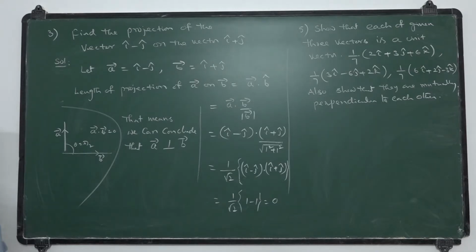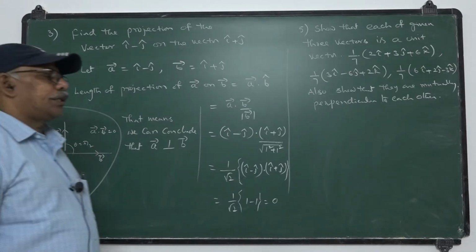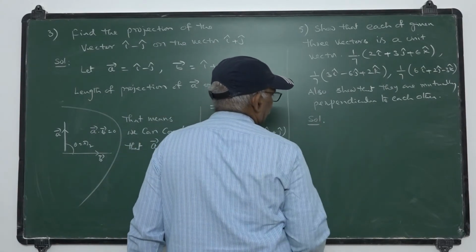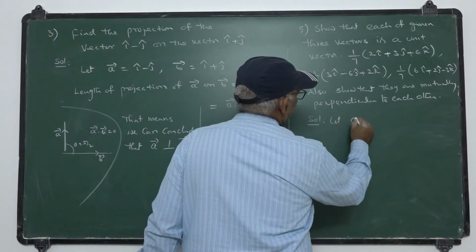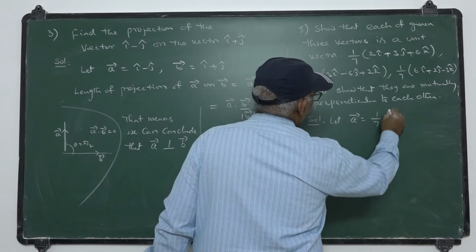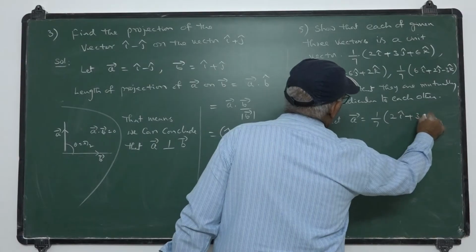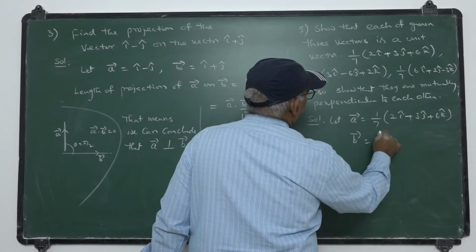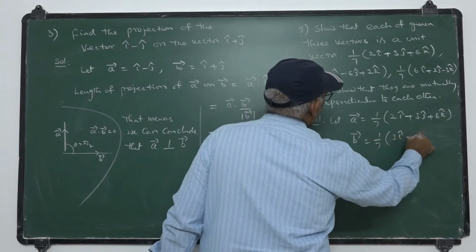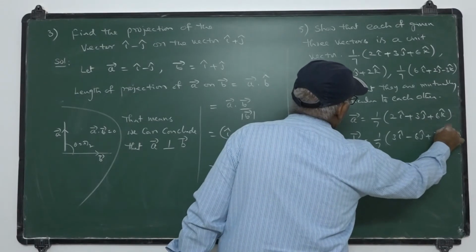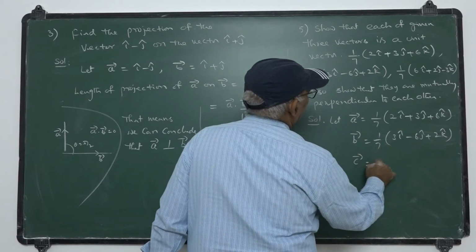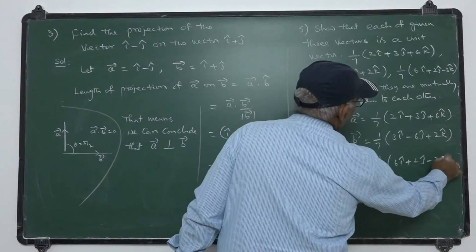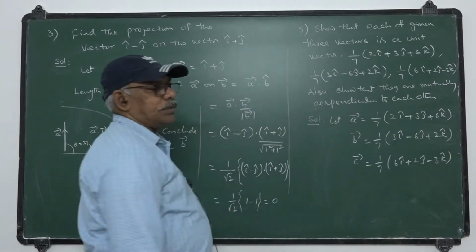Again, we have to show that they are mutually perpendicular to each other. Further, let us consider the vectors. A bar is one vector, B bar the second vector, C bar the third vector. Let the three vectors be A bar, B bar, C bar.